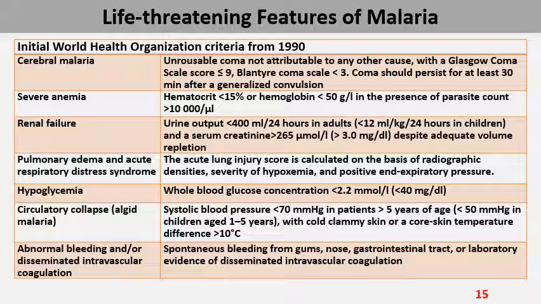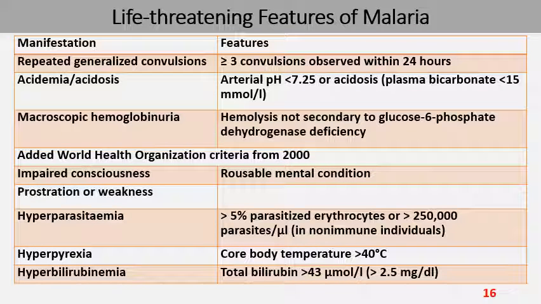Another feature is abnormal bleeding or disseminated intravascular coagulation. It is defined as spontaneous bleeding from the gums, nose, GIT, or laboratory evidence of disseminated intravascular coagulation.